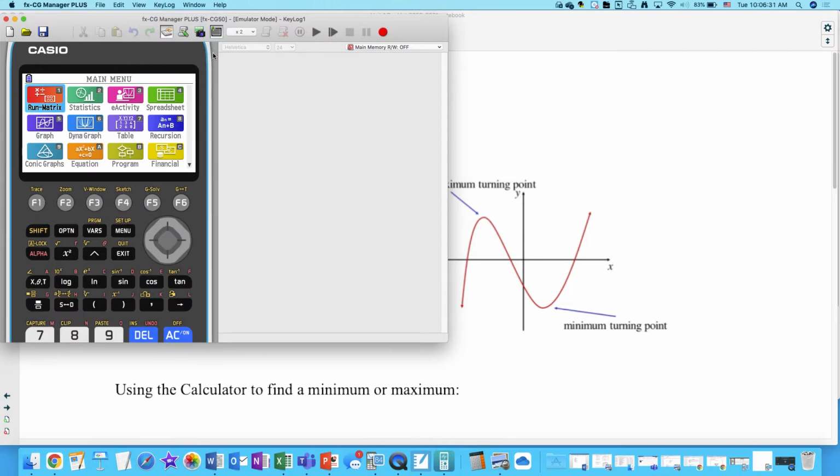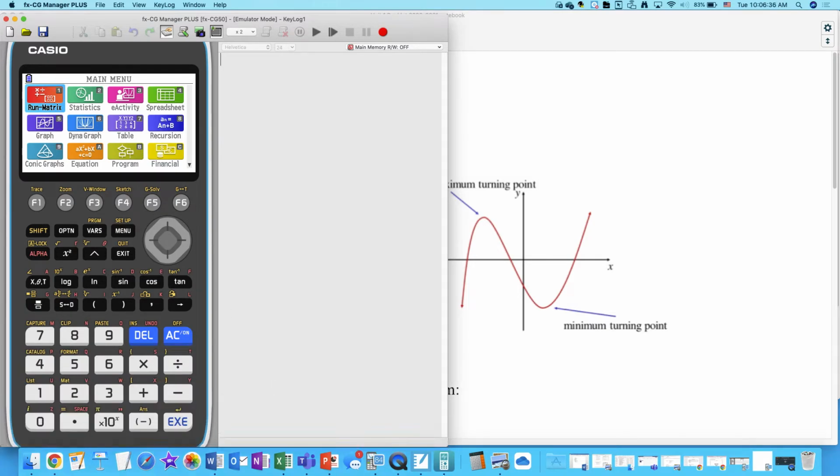I think I'm going to do these maybe one at a time. Just by show of hands, how many people have a TI calculator? How many people have a Casio? Wow, I'm surprised. Okay, it's funny. In grade 10, a lot more people are getting Casios. Okay, well then maybe I'll start with the TI.